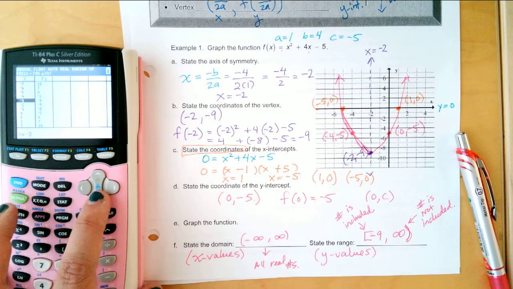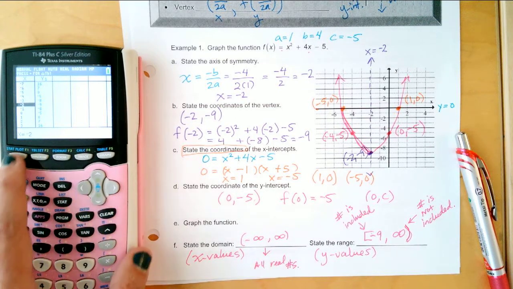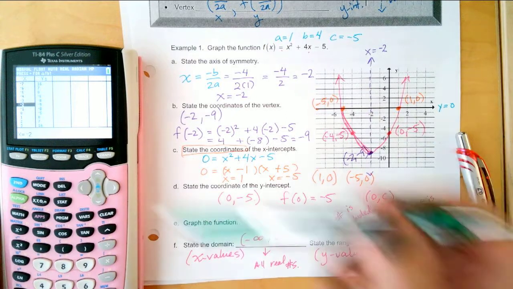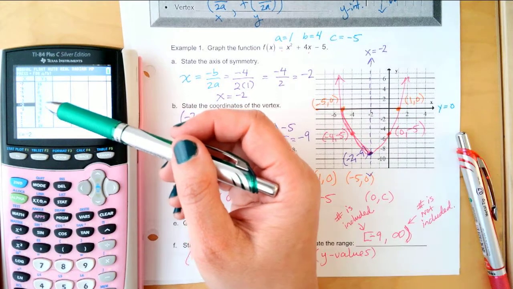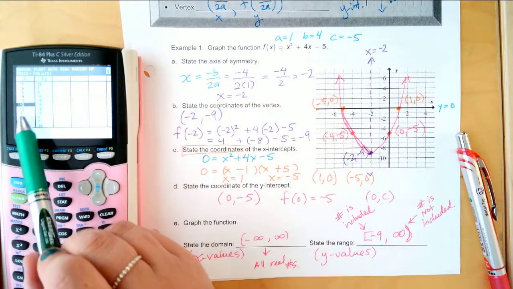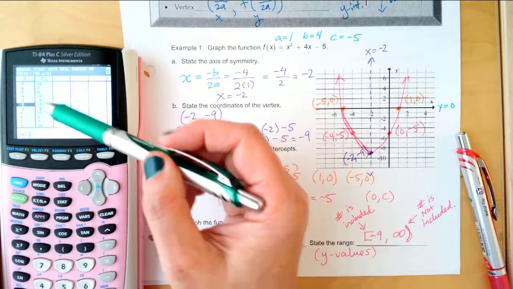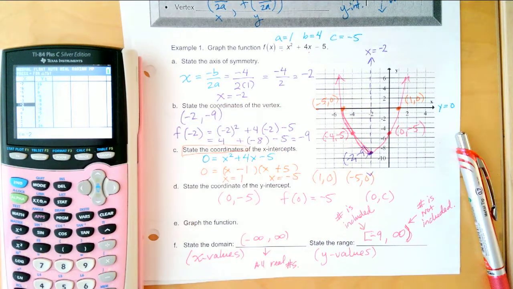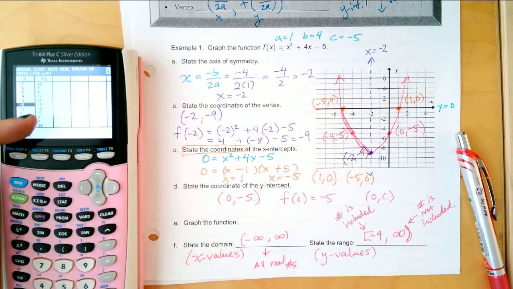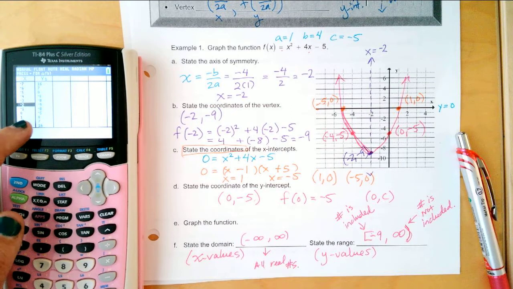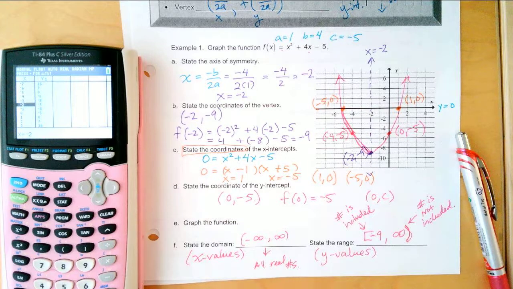If we keep scrolling, we can see the vertex. And you can kind of tell from the table that that's the vertex because you see the -2, -9. Around the -9, the numbers go down and then they come back up. So you see -8, -9, -8, which means it's coming back up. You see the y-intercept, 0, -5, and you see the x-intercept, 1, 0. Okay, so those are some of the features of the calculator and how you can check it.